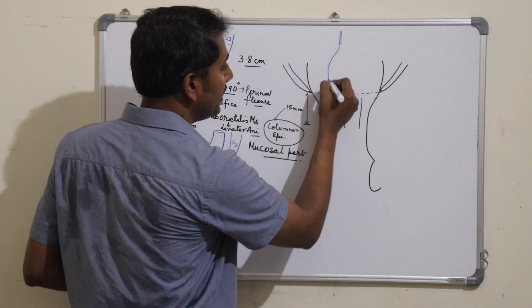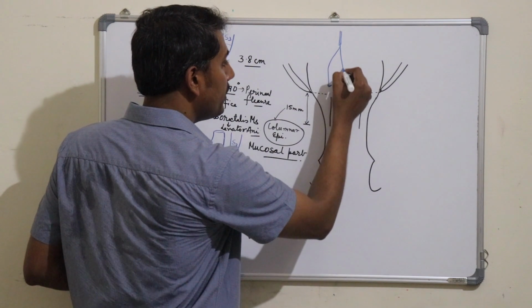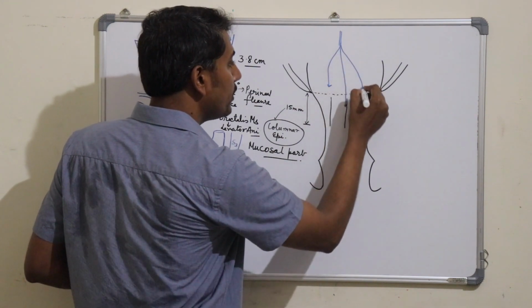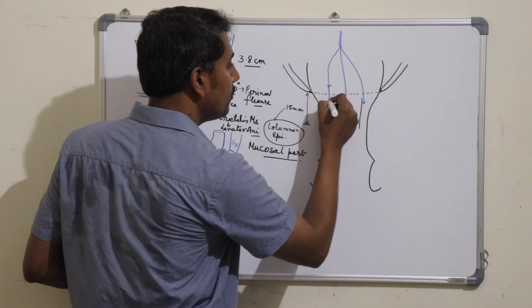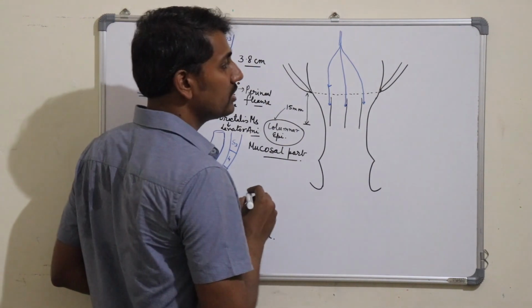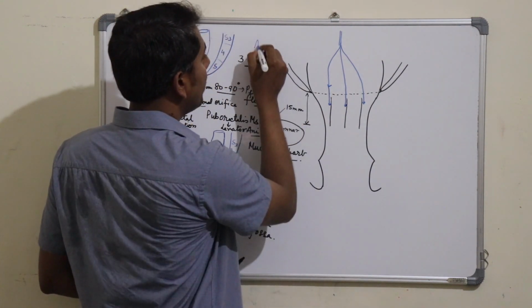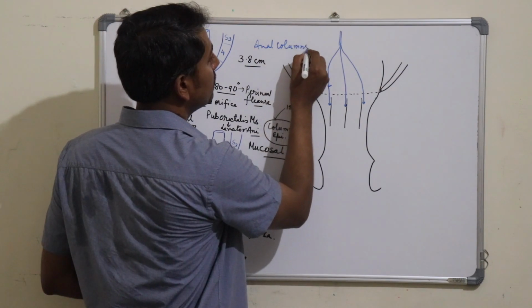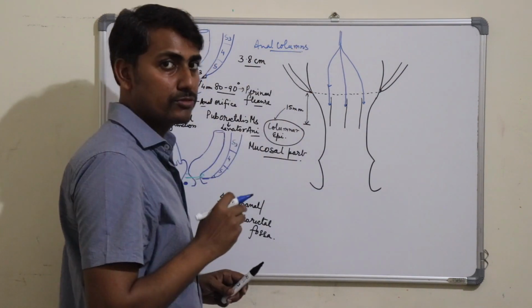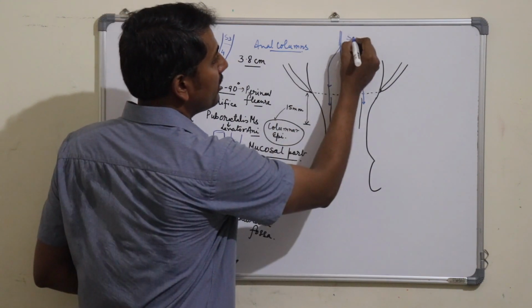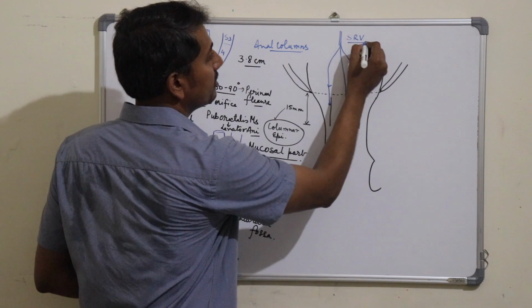It will give off radicles which will be present beneath these folds, causing these mucosal folds. These vertical mucosal folds are called anal columns, which are caused by the radicles of the superior rectal vein.